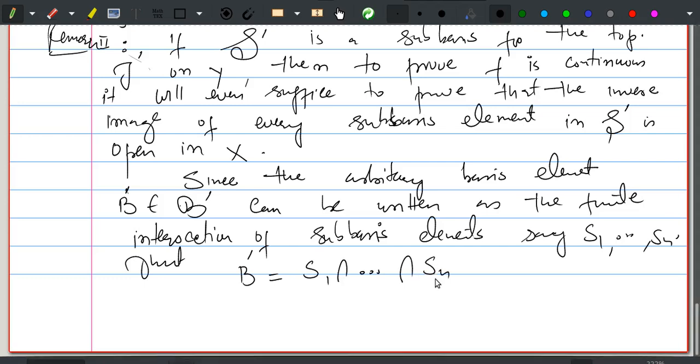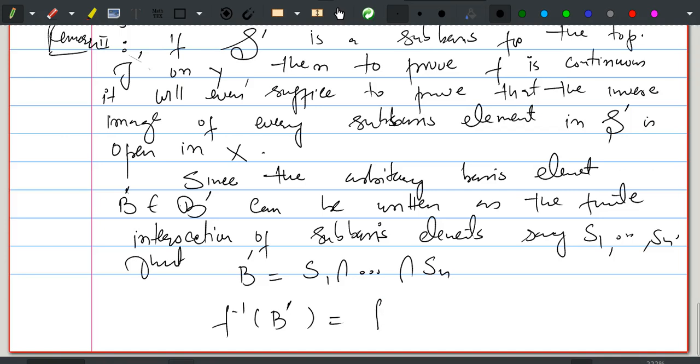Then if we look at the inverse image of B prime, that will be the finite intersection, where i runs from 1 to n, of f inverse of Si. So this f inverse B prime will be open if each f inverse Si is open.